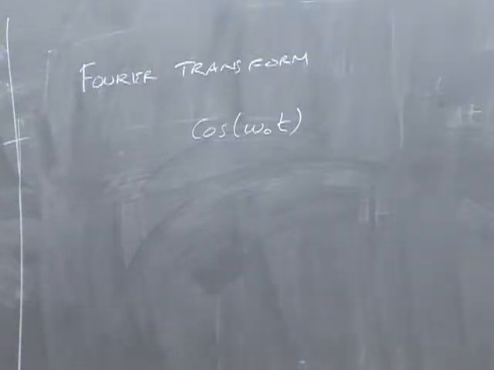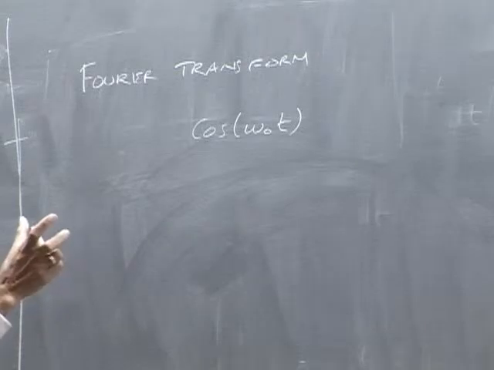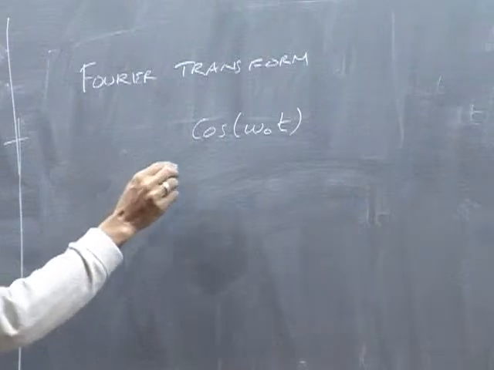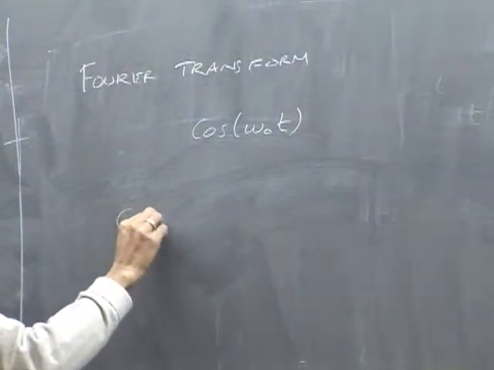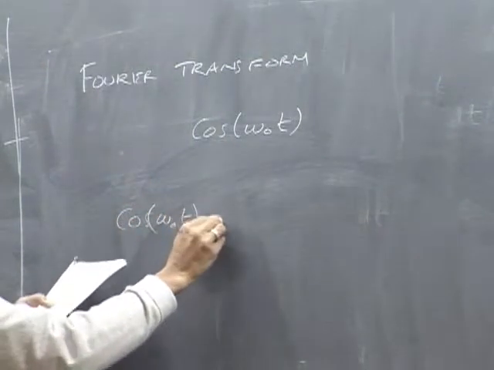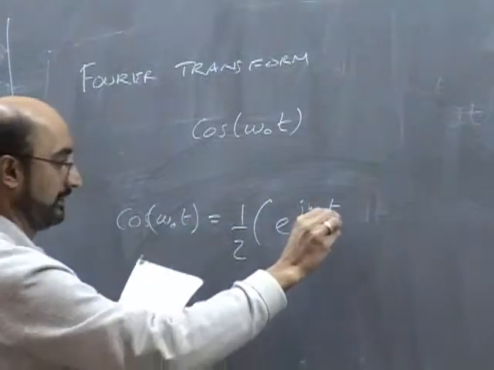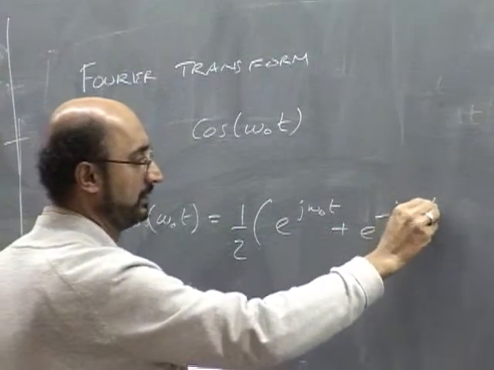I should say it's the value of the distance from the y-axis of the phasor at time t, where the phasor is rotating at angular velocity of omega naught radians per second. Okay, so a phasor rotating omega naught radians per second. Look at the distance from the y-axis. That's this horizontal distance. That's cos omega naught t. So using Euler's formula, we can write cos omega naught t is equal to half of e to the j omega naught t plus e to the minus j omega naught t.